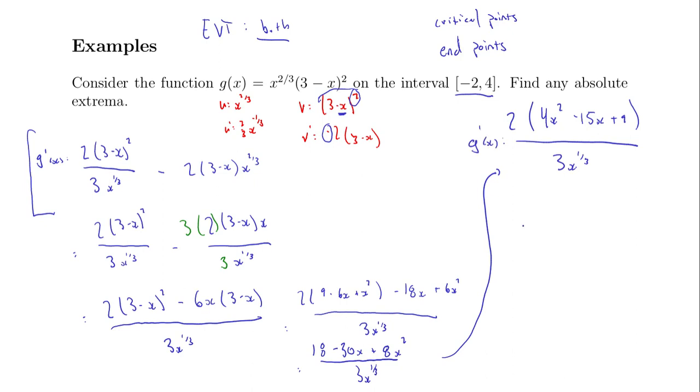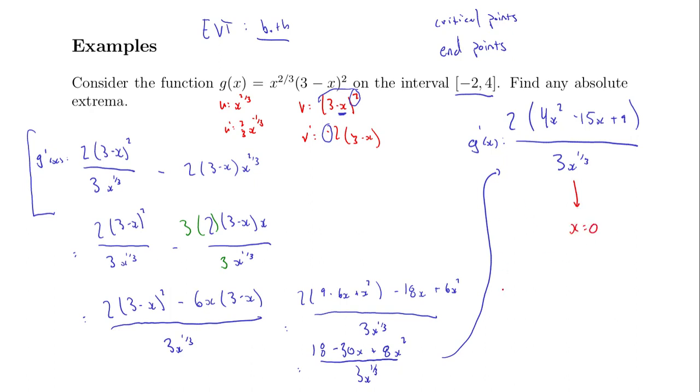So this is really my derivative. If I'm looking for critical points, then all I need to do is see where the numerator is equal to 0, because that'll mean my whole fraction is equal to 0, and that's the spot where my derivative is equal to 0. And I might want to take a look at where my denominator equals 0, because if I divide by 0, that means my derivative doesn't exist. So right off the bat, I can see a critical point.